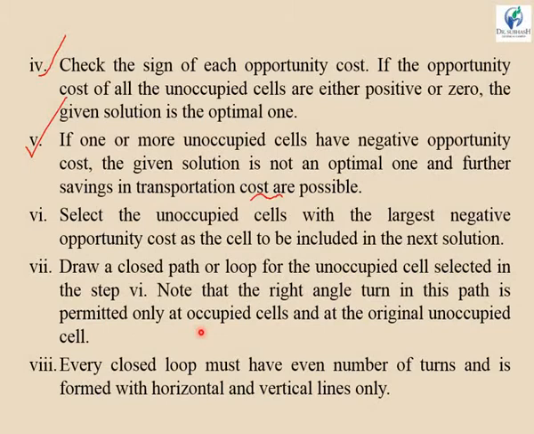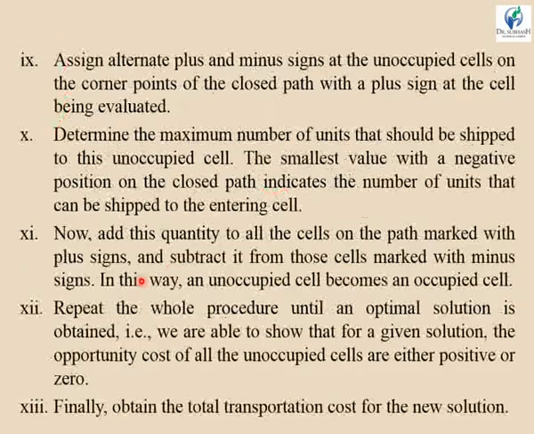So wherever you find an occupied cell, from there only you can take the right angle turn. That is the condition. Next, point 8.1: every closed loop must have an even number of turns and is formed with horizontal and vertical lines only. So next slide.